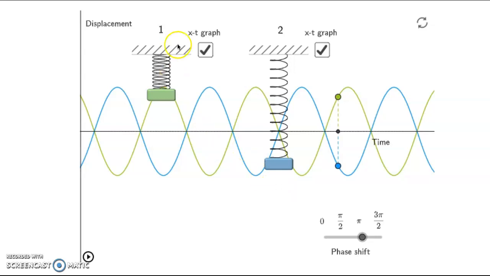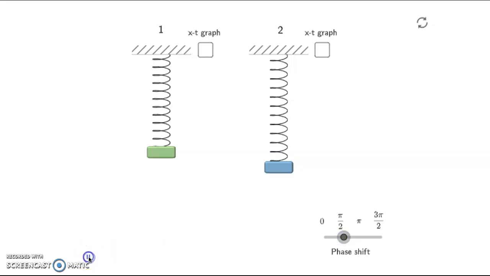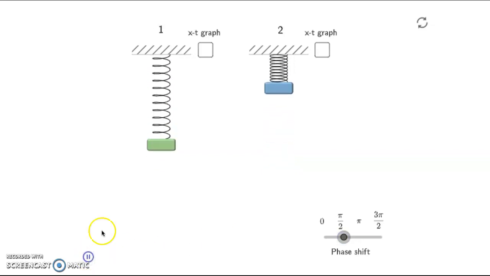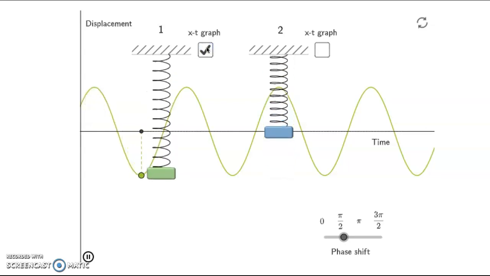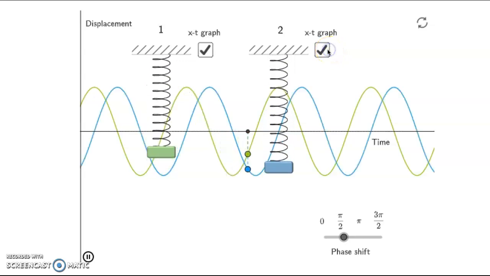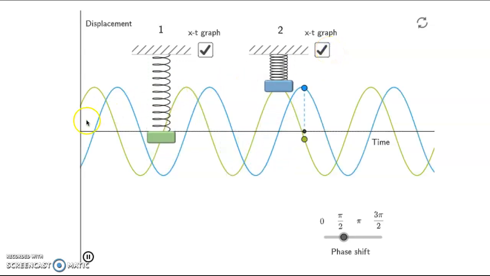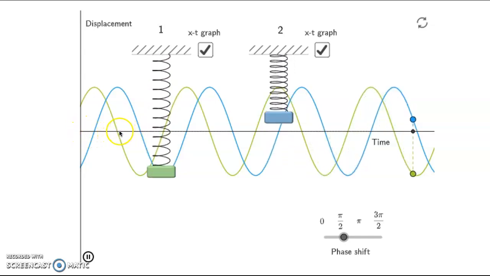Let's have a look at some other ones. Let's get crazy. Let's do pi over 2, which is equivalent to 90 degrees. And you can see the way they're moving now. If we look at our displacement, that's what your first graph is doing. And basically, the other one is lagging. So we now need to consider this distance.